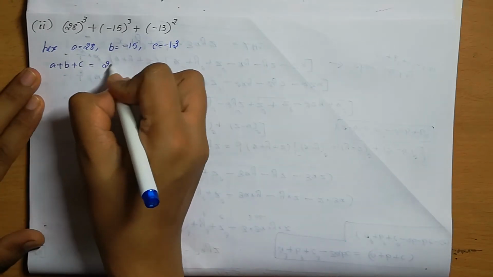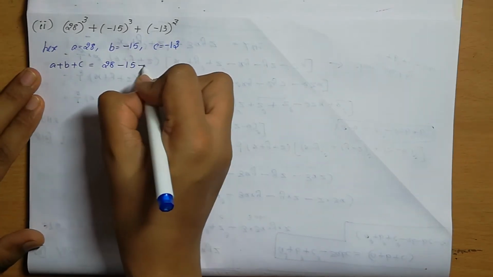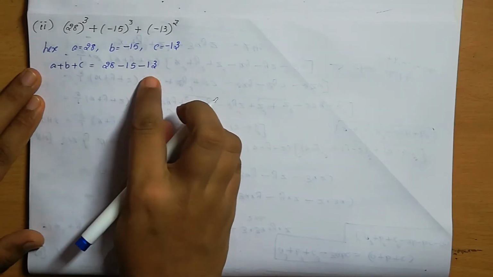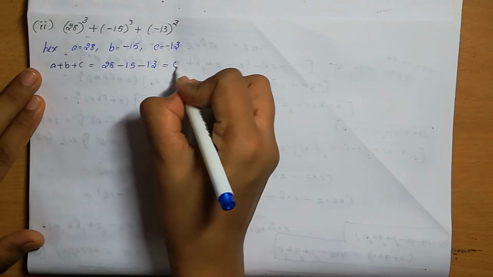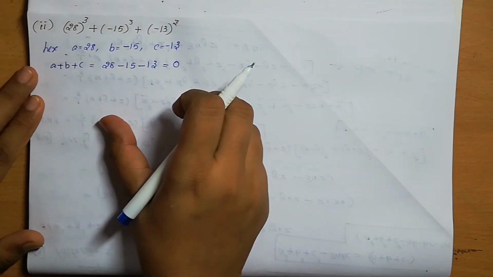Then we find a plus b plus c, that means 28 minus 15 minus 13. Minus 15 minus 13 is minus 28, and 28 minus 28 is 0. So here also a plus b plus c is equal to 0.